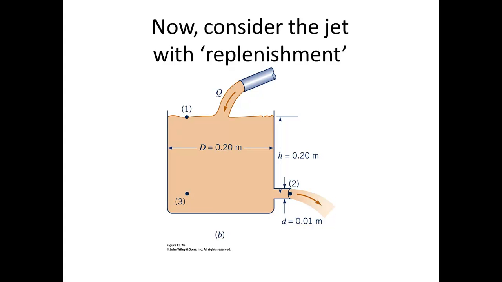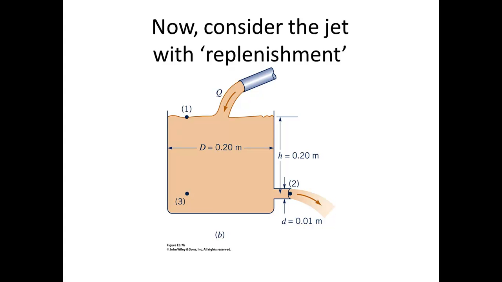Now, on to another variant. As I said before, we're taking the free jet and we're saying, okay, let's pour some Q in here and keep that thing steady. In other words, we're not going to allow it to slowly drain out. We're going to make it steady. Well, no particular challenge.